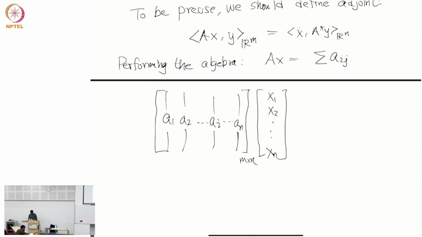Each column is an Rm vector. I think of the matrix vector product as scaling each column by the corresponding component and then summing it all up. So this is the summation of xi ai, with i going from 1 to n.